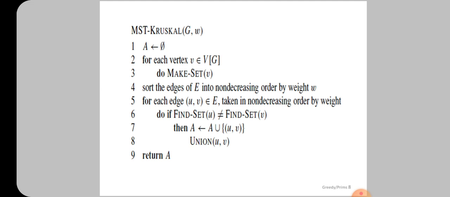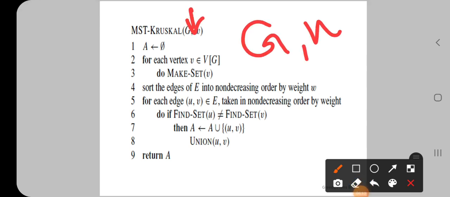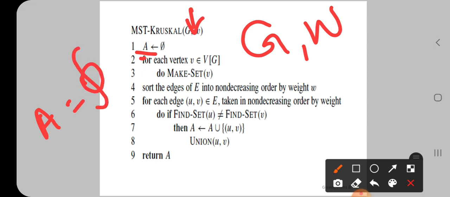This is the MST-Kruskal algorithm. In this algorithm, we are passed the graph G and the corresponding edge weights W. Initially, our set A is set to empty, and for each vertex v belonging to V of G, where G is the graph and V is the vertex set, we consider each vertex in that graph.